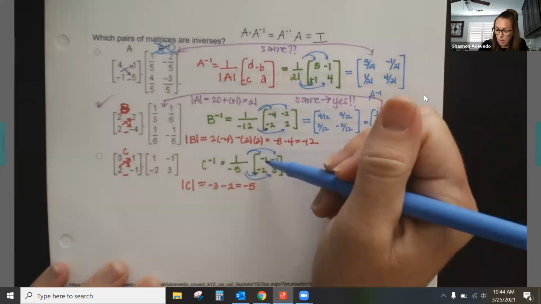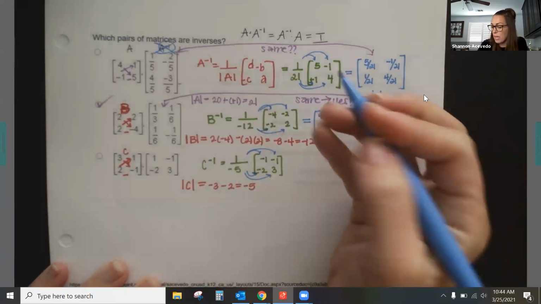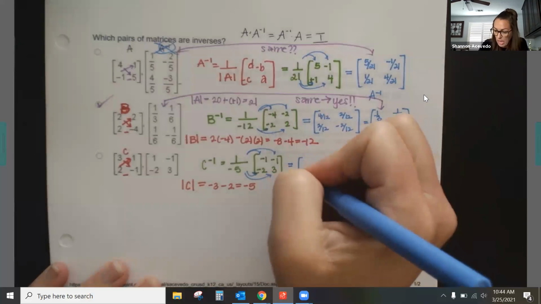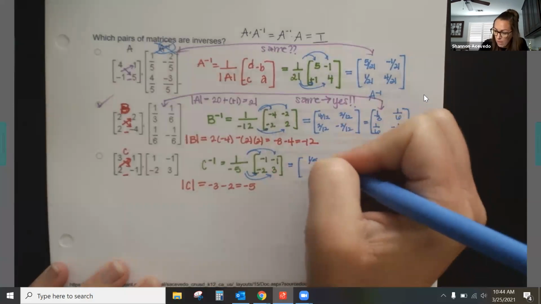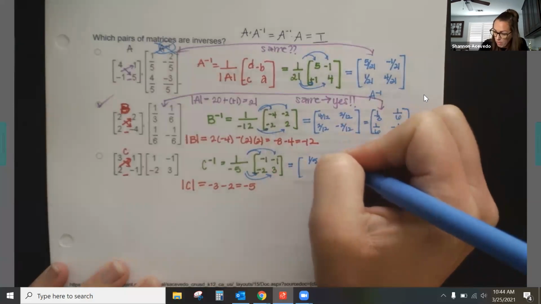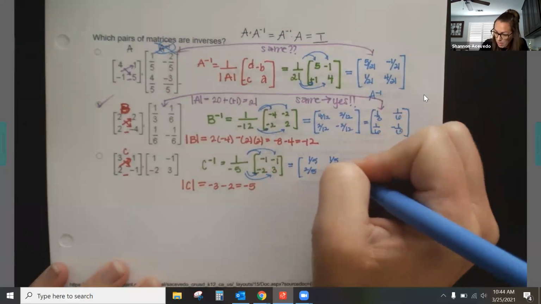This has a negative right here. But if you distribute that through, I already know it's not going to be, because once I distribute this, I'm going to have fractions. But just so you guys know what the inverse is actually going to be, this would be a positive 1/5, a positive 1/5, positive 2/5, and a negative 3/5.